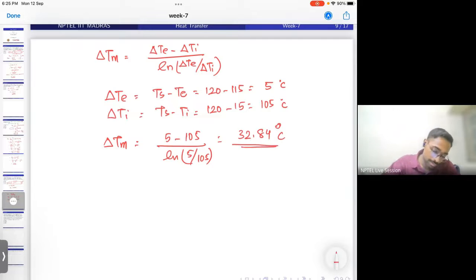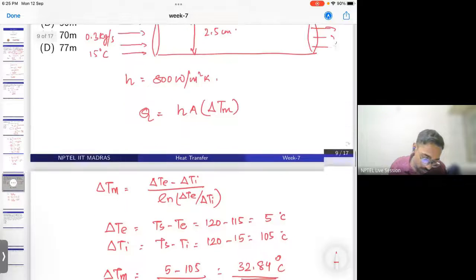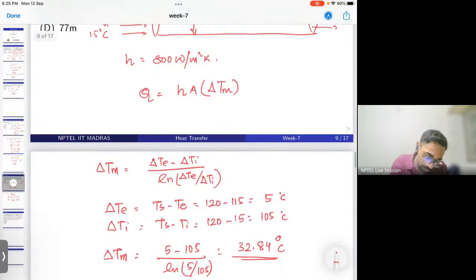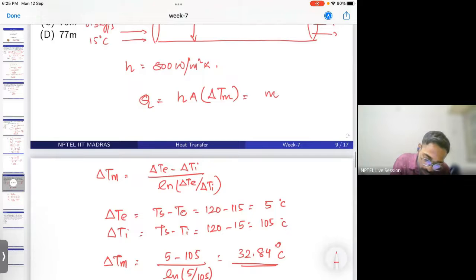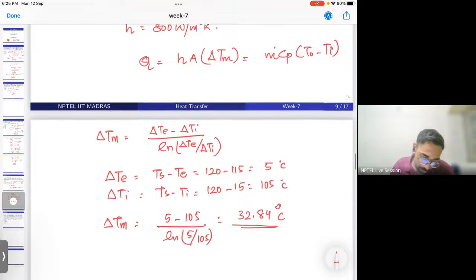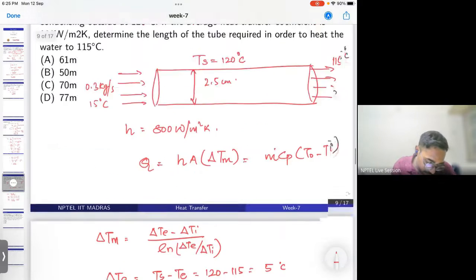Now we need to substitute this value into this expression. This should be equal to the enthalpy gain, that is, m dot Cp times To minus Ti. h is given as 800.